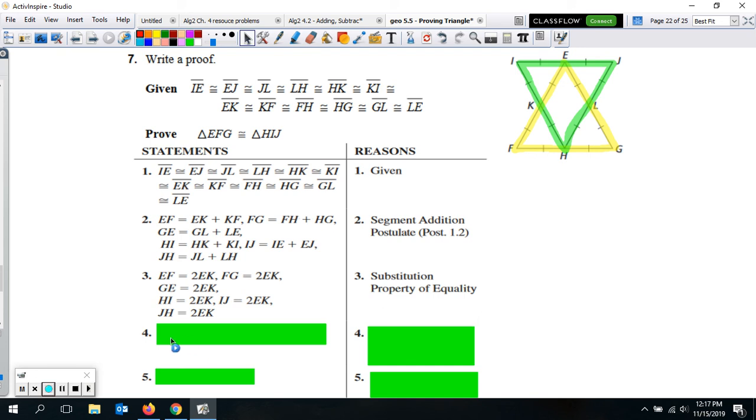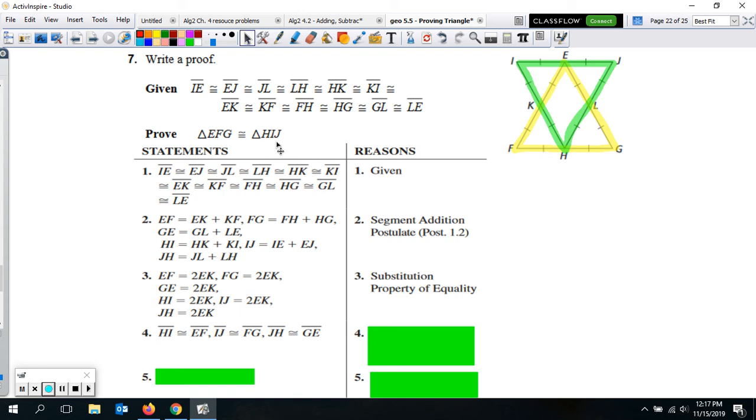And now we come down to number 4, where we can start to talk about certain things being congruent to each other, because if everything equals 2 EK, then they're going to be congruent to each other. So we have HI on one triangle, this one on the green one, is congruent to EF, so EF would be here on the yellow one. And you can see as you look at your proving part, HI, EF are the corresponding sides, because they're both the first two.